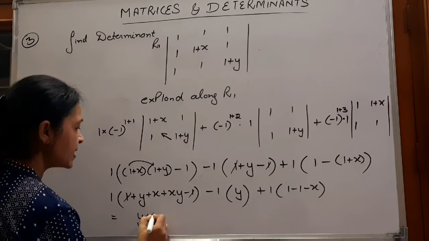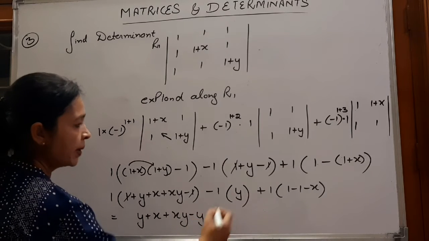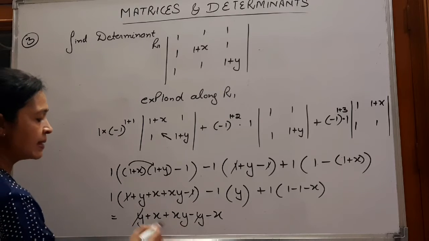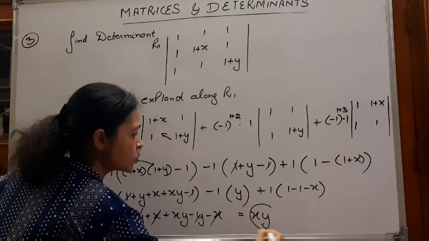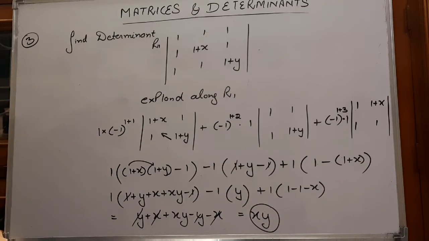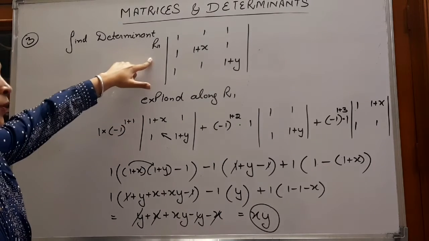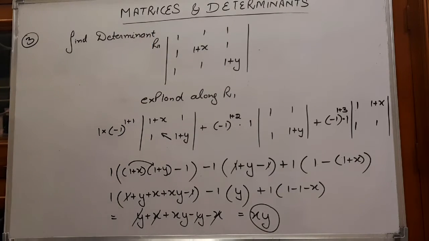We have y plus xy minus y and minus x. y and y get cancelled, x and x get cancelled. So what is left with us? xy. xy is the determinant. This is our answer. If you expand along R2 or R3 or any column, you will get the same answer.